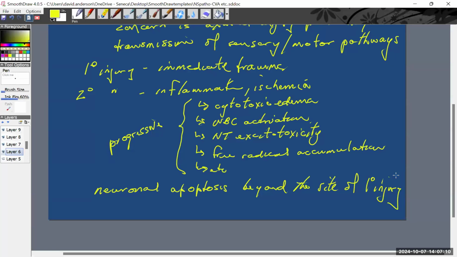Autoregulation of blood flow is going to be lost, or it can be lost depending on the location. And as a result of that, blood pressure can drop, and that's going to promote more ischemia.